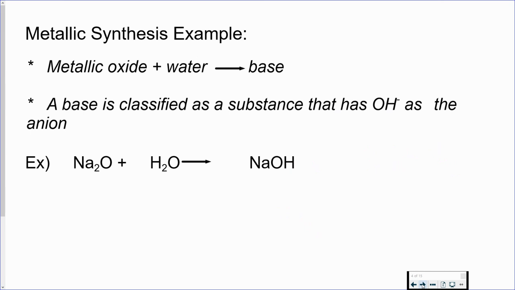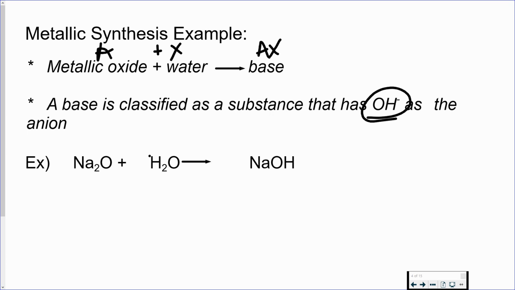The last special case, again, it is A plus X goes to AX. Now, on this one, we're making bases. A base is signified by the OH minus. It is metallic synthesis. So you have a metal oxide plus water.